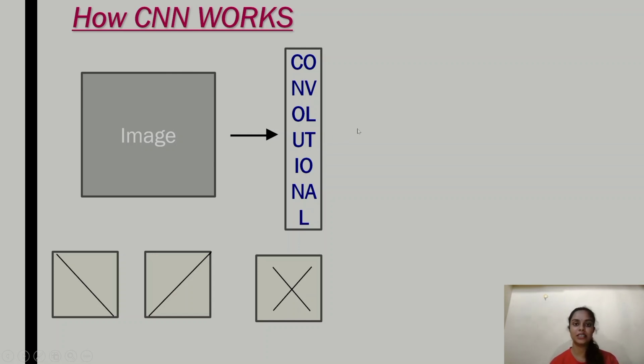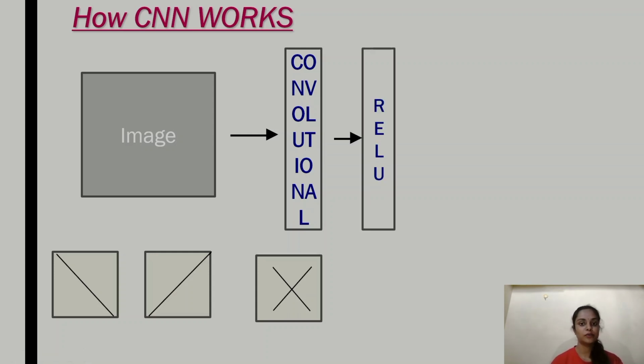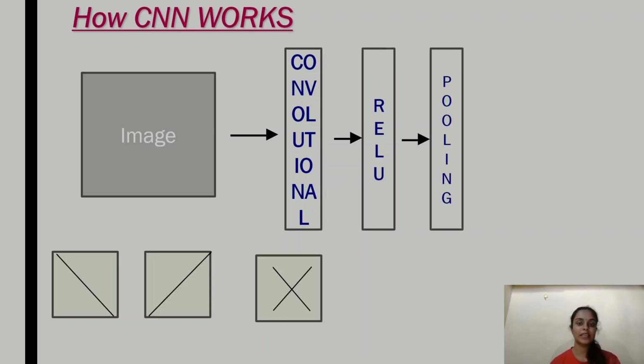That value is written in a matrix. In a similar way, the whole image is converted to a matrix. That matrix is next passed to the ReLU layer, which converts negative numbers to 0. That is, less than 0 will be converted to 0 and greater than 0 will remain as it is. After that, we get a ReLU matrix. That ReLU matrix is passed to the pooling layer.